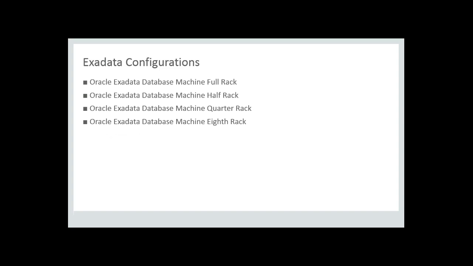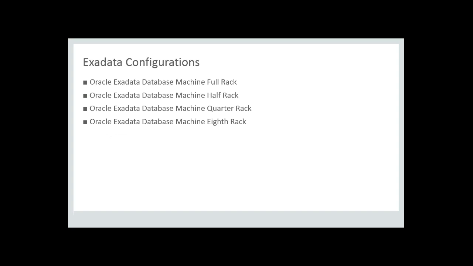The first configuration is a full rack machine, then half rack, then quarter rack, and then 8th rack. Oracle started the 8th rack with X4. Before that you used to get only up to quarter rack. So these are 4 different configurations.